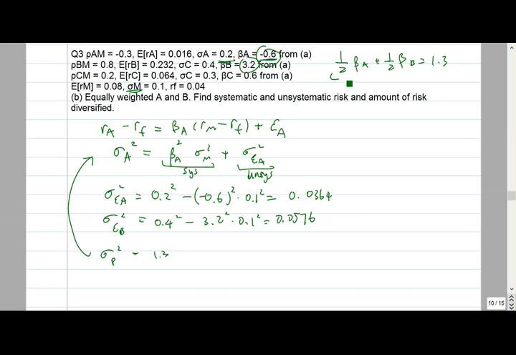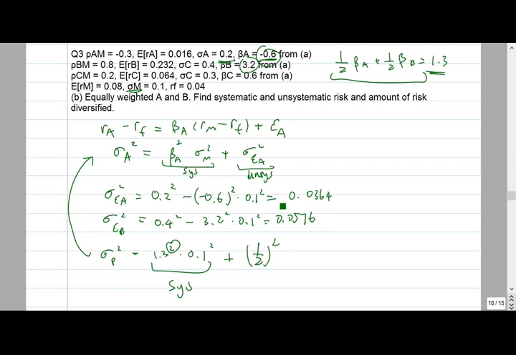Remember, this is just the regular weighted average, not squared weighted average. So you square it afterwards. You first compute the weighted average and then you square it, times the 0.1 squared. That's the systematic part.